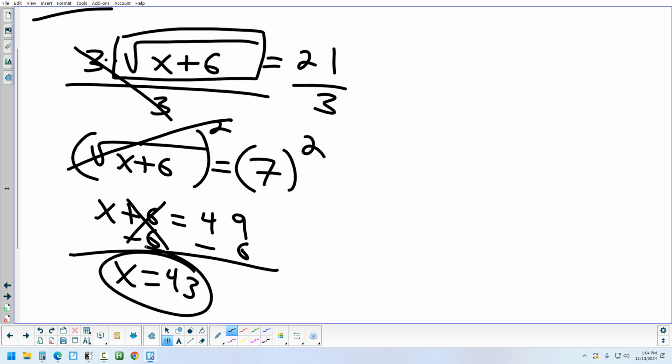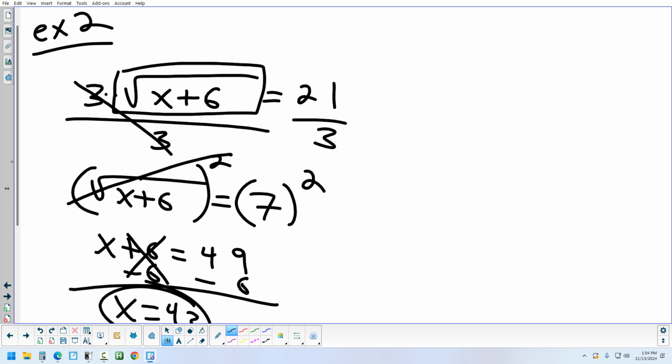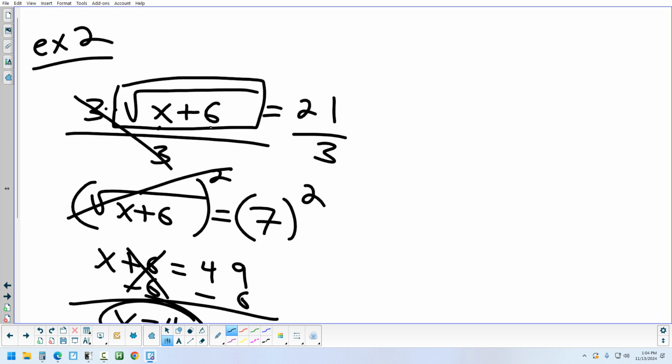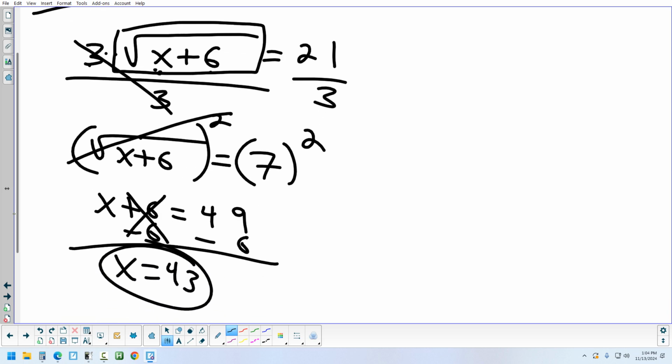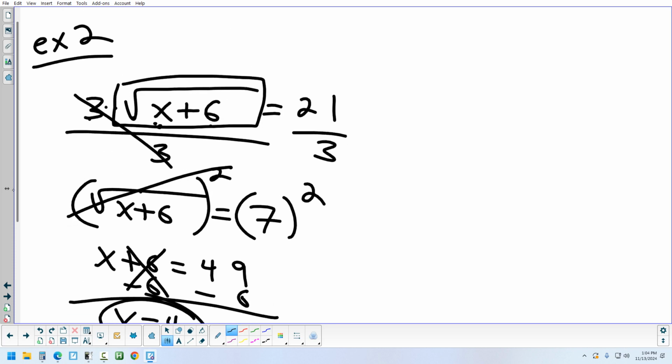So let's check it and see if it works. What's 43 plus 6? 49. What's the square root of 49? 7. What's 7 times 3? 21. Yeah. So that one works. A little bit, well, not that much harder, but it definitely has an extra step than the last one. Okay. Any question on that one?